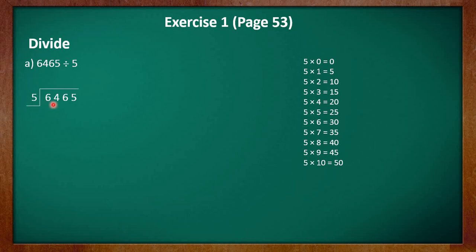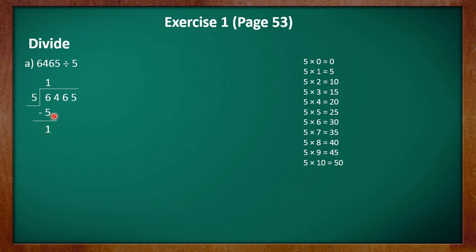So, we will divide 6 by 5 first. And we know that 6 is greater than 5. So, we have 5 ones are 5. So, we will write 1 as quotient and we will subtract 5 from 6. So, we will get 1 as remainder.